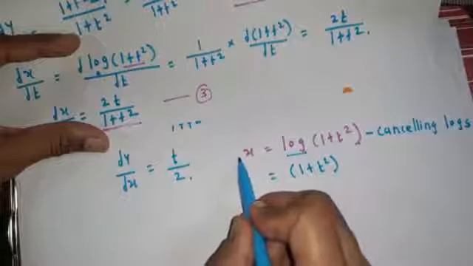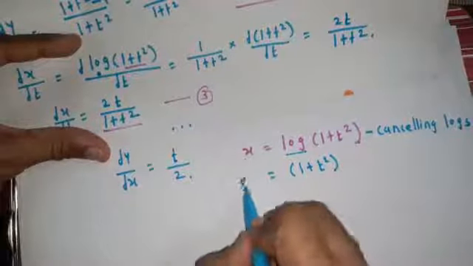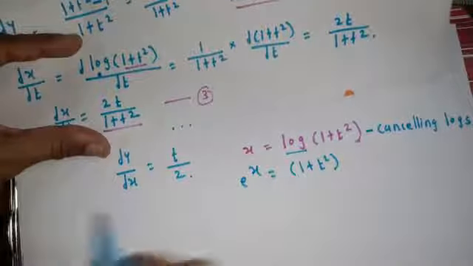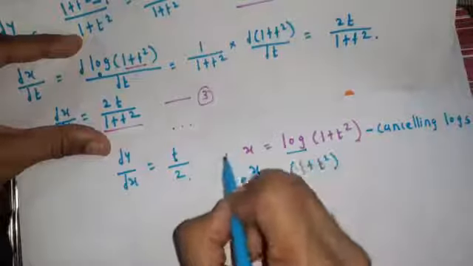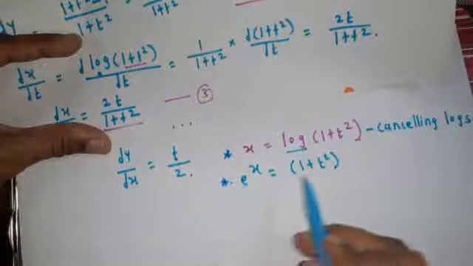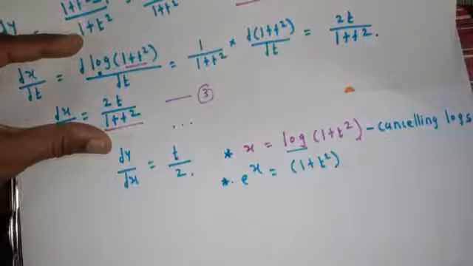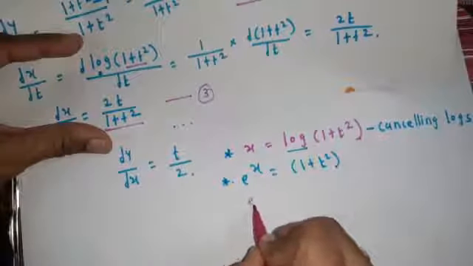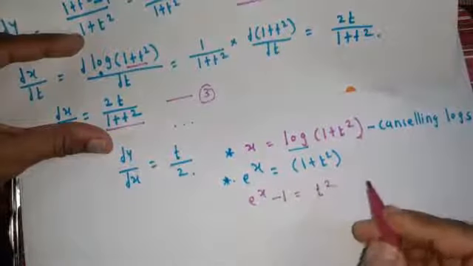But the rule is that where there is no log, the term becomes e raised to x. So e raised to x is equal to 1 plus t square. This is a very important rule students, remember or note this. And this becomes e raised to x minus 1 equal to t square.